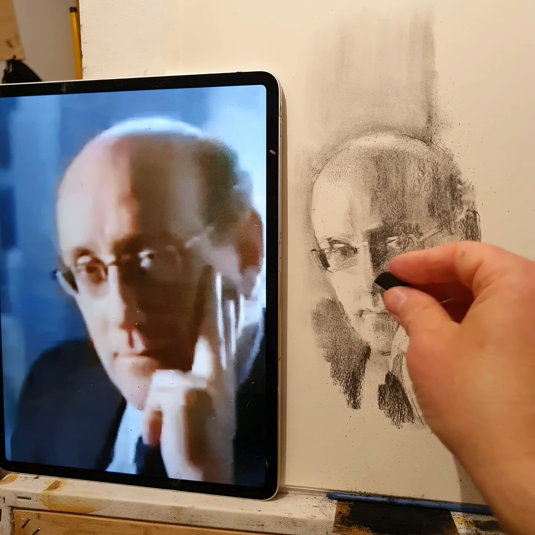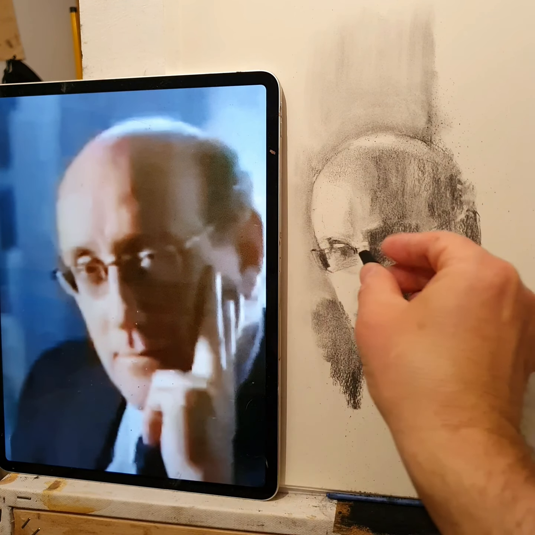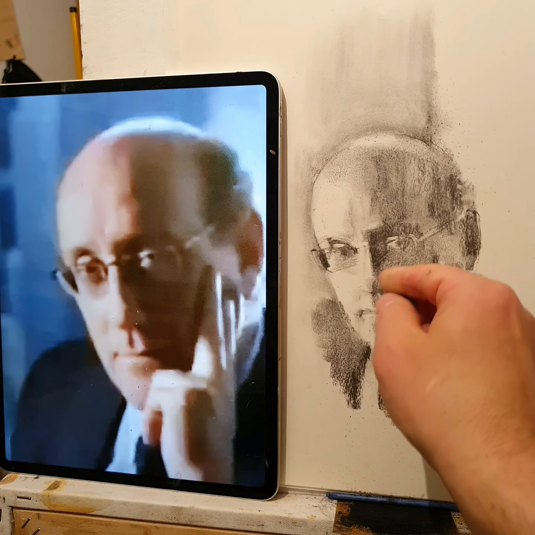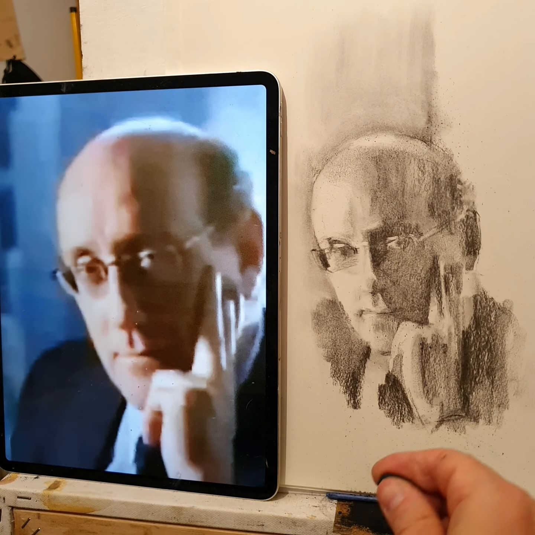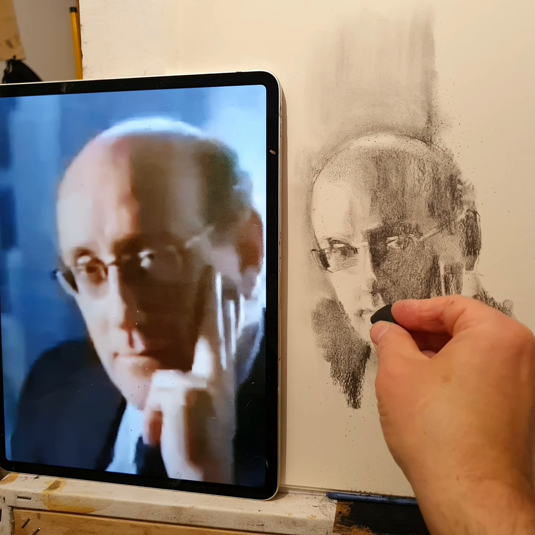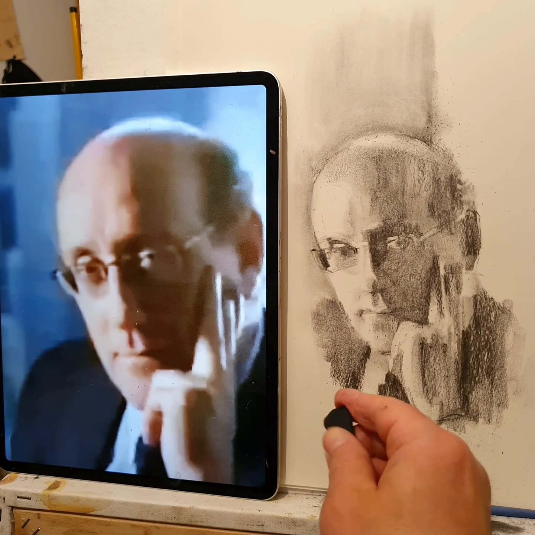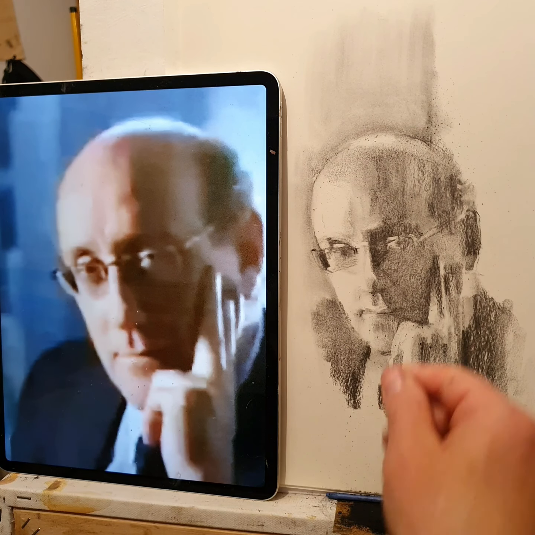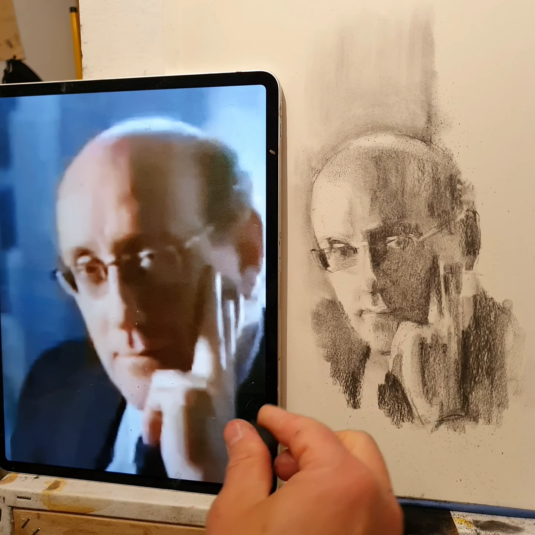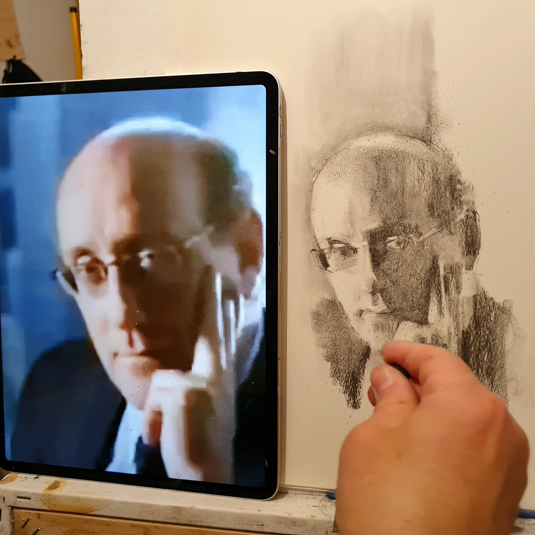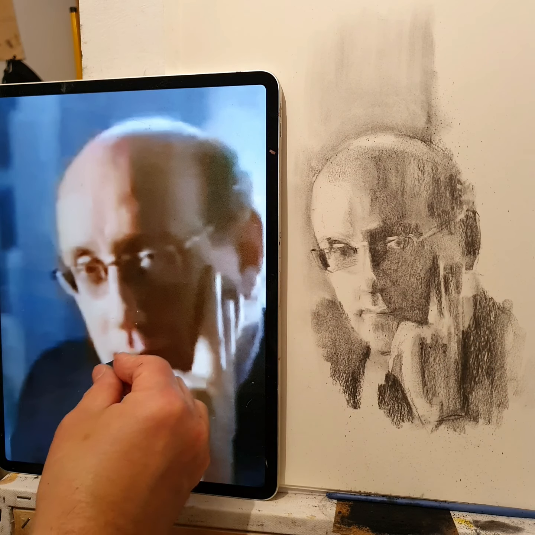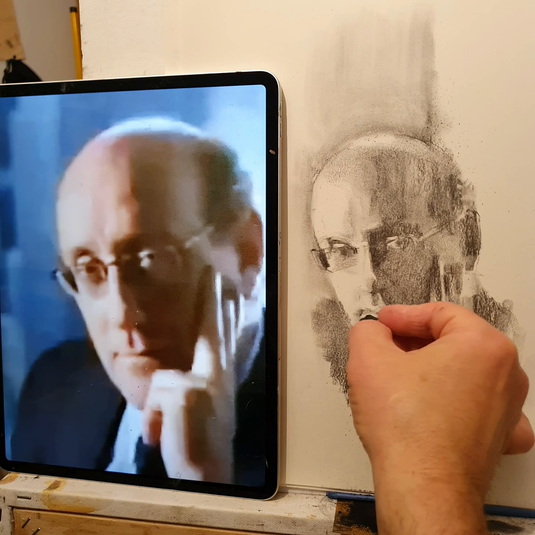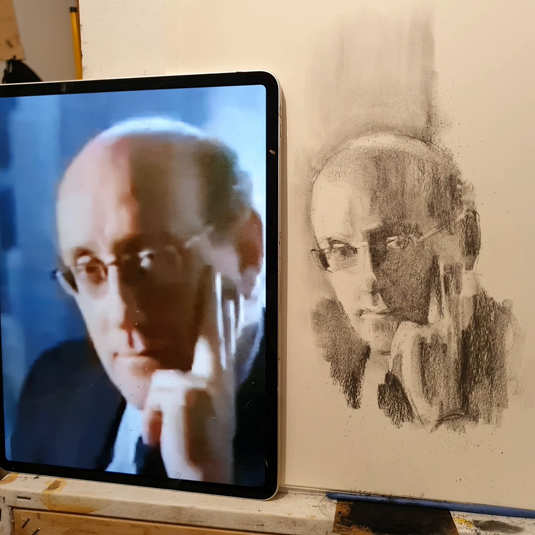Here, nose, and tip of his nose there, lip, very thin lips he's got, and the lower part of his lip, I mean the lower lip, it's like a straight line there.